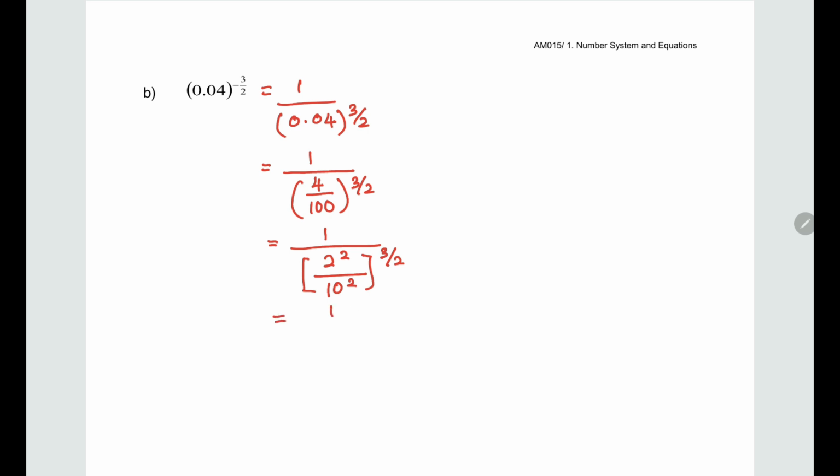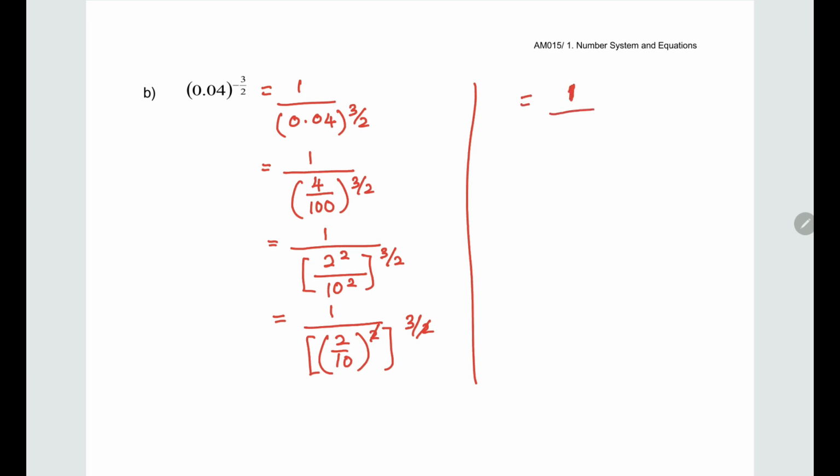Then we write 1 over, simplify here, we get (2/10)^2, and then all to the power of 3/2. To simplify, we cancel 2 and 2. So we get 1 over (2/10) cubed.